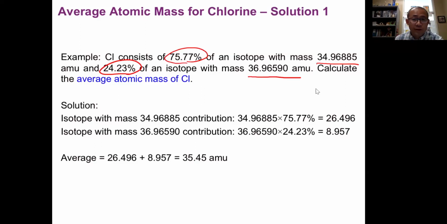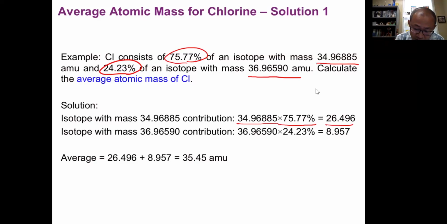This is the first solution shown here. You use the mass and multiply by the percentage to get the mass contribution of that isotope. One has a mass of around 35; you have to carry the whole number, 34.96885. Then you multiply by its percentage, 75.77%, and get how much mass is contributed by that isotope.